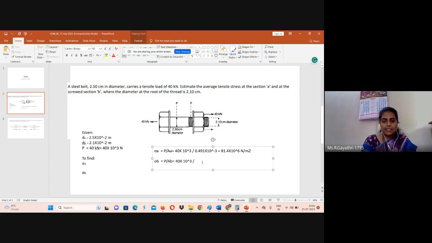Area at section B. Solomon, did you calculate the answer? 0.346 into 10 power minus 3 meter square.